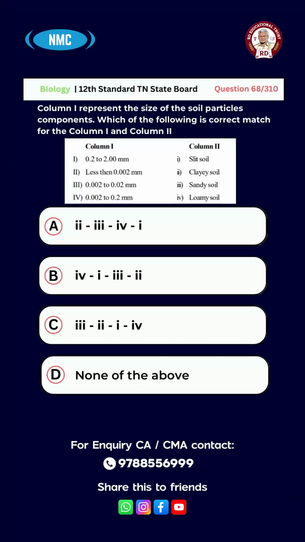Column 2: 1, silt soil. 2, clay soil. 3, sandy soil. 4, loamy soil. The options are A, 2341. B, 4132. C, 3214. D, none of the above. And the right answer is option C, 3214.